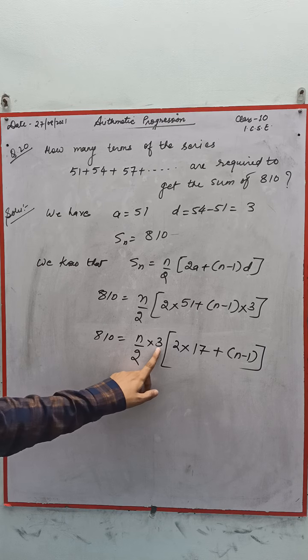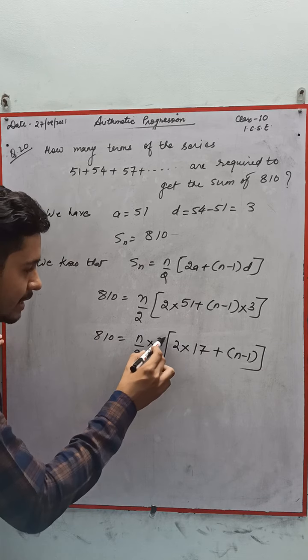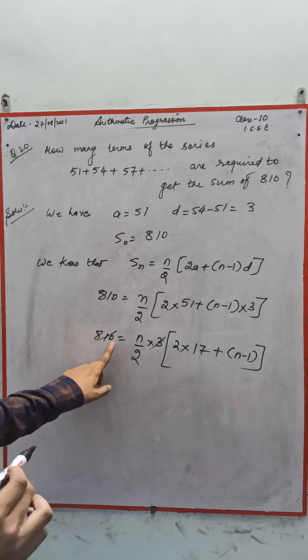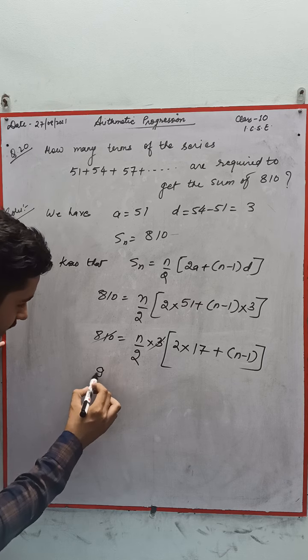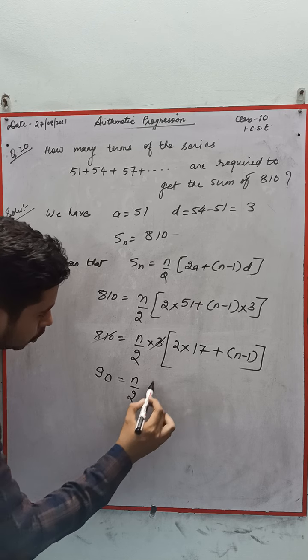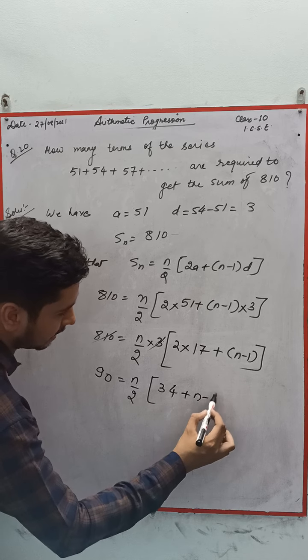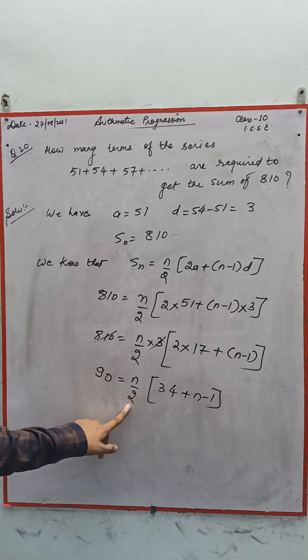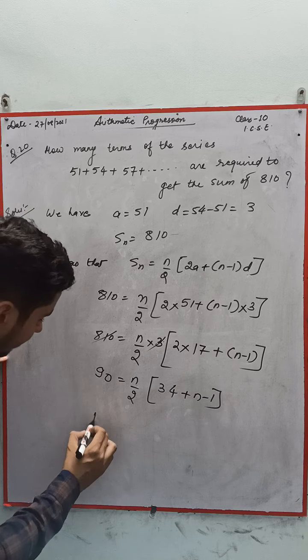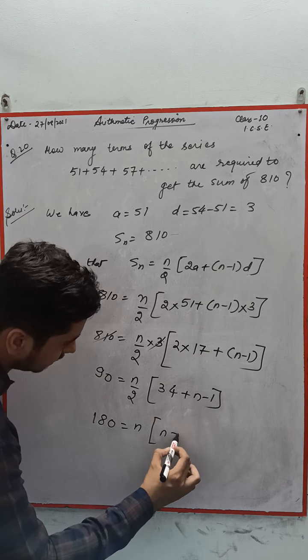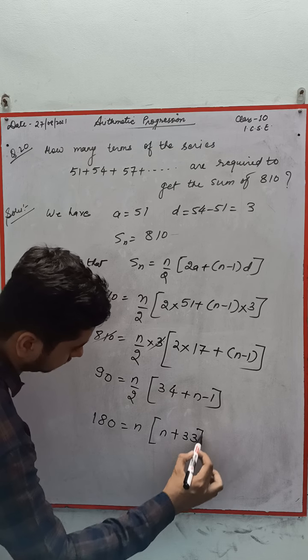Why have I taken this 3 common? Because this 3 can be easily cancelled with this 810. You will get 90. N upon 2, 17 into 2 will give you 34 plus n minus 1. Transpose this to that side, so it will be 180 equal to n bracket n plus 33.